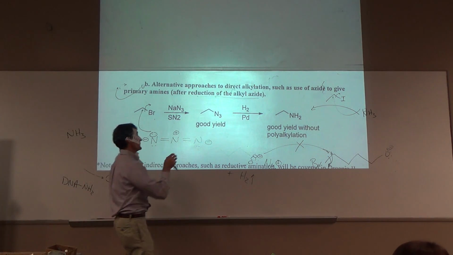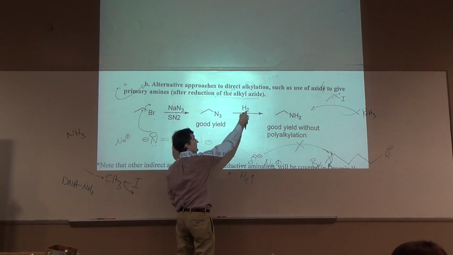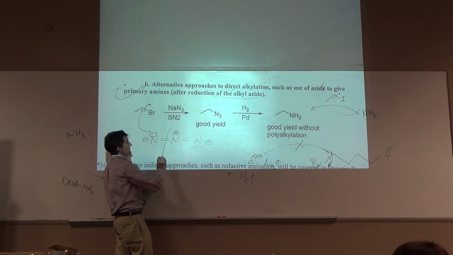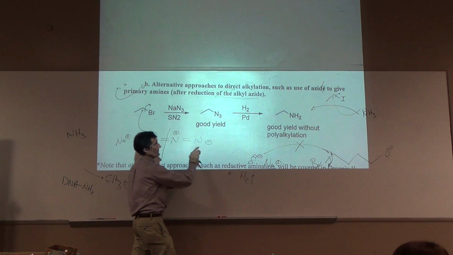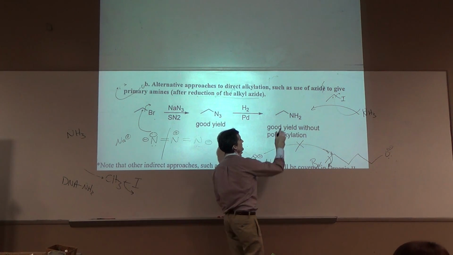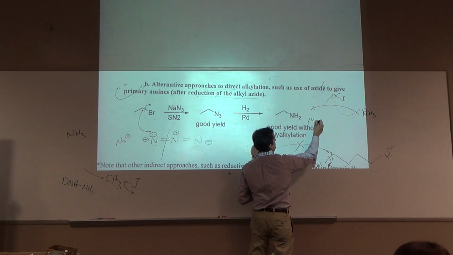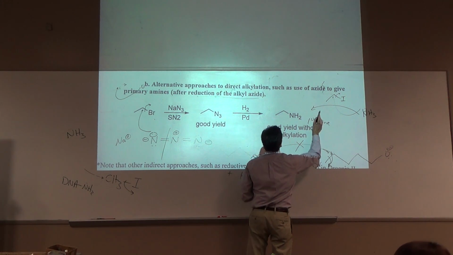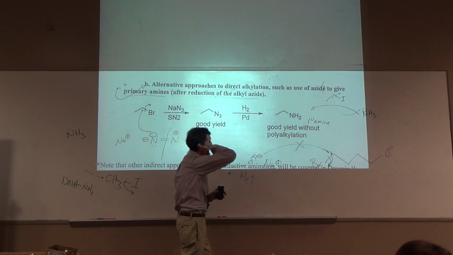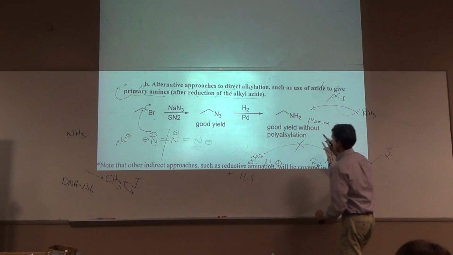But a common step from here is if you treat this with hydrogen and a precious metal catalyst, you can cleave 2 of the nitrogens off, and you end up with a primary amine. Okay, that is a primary amine. Does it say that up here? Yeah, primary amines. Plus, I'm not sure what's formed here.